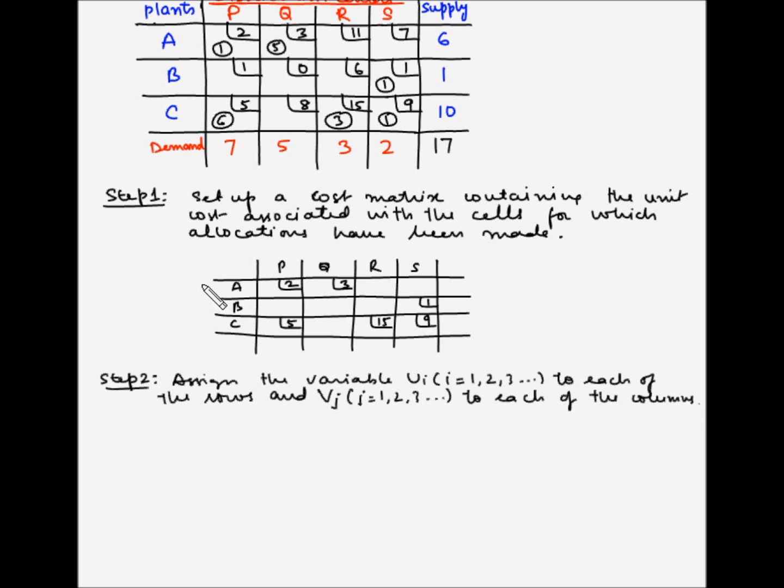So let's say this is u1, u2 and u3, and this is v1, v2, v3 and v4. Now let's move to step number 3.